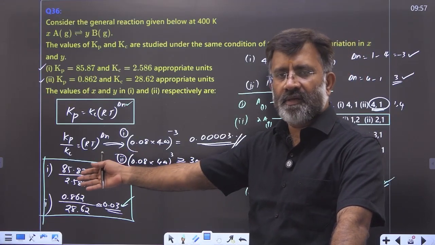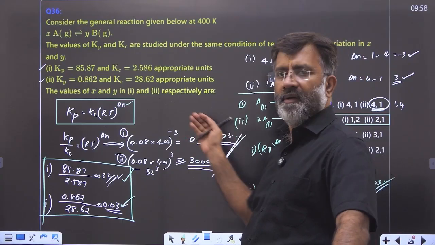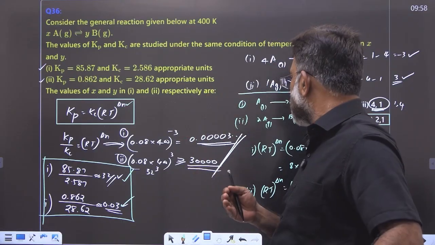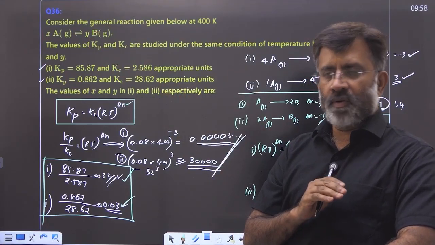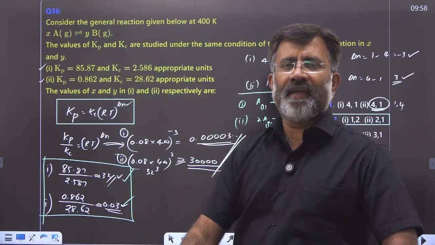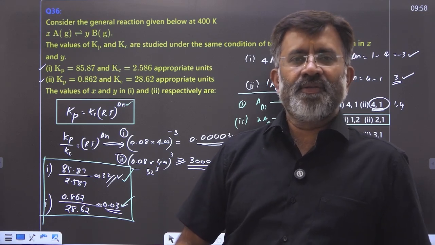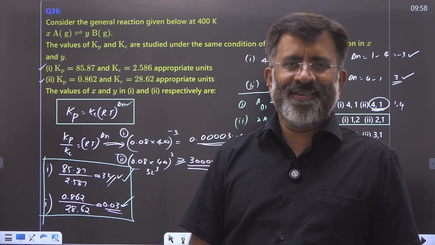Never match with the ratio. If it is 10 power minus 3, it is 0.0003 something. That's a very low figure. That also is not matching with the conditions of Kp by Kc. So the suitable answer should be 1 and 2, 2 and 1. Okay, fine.